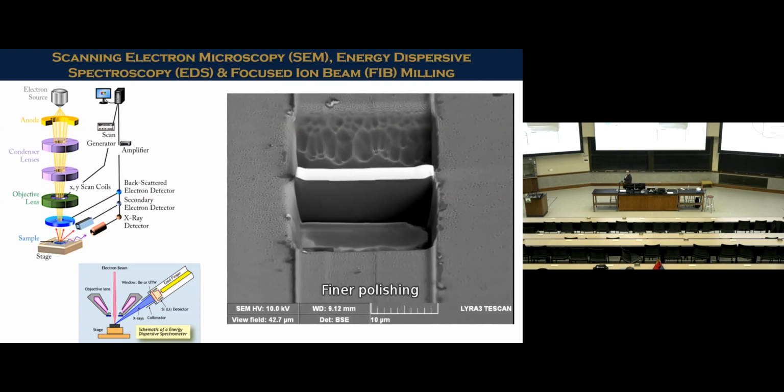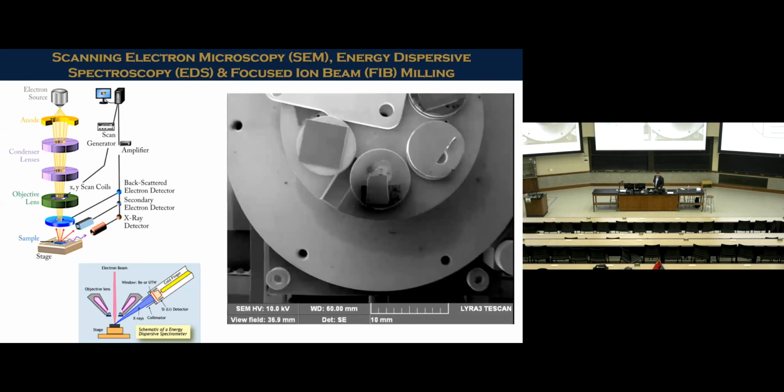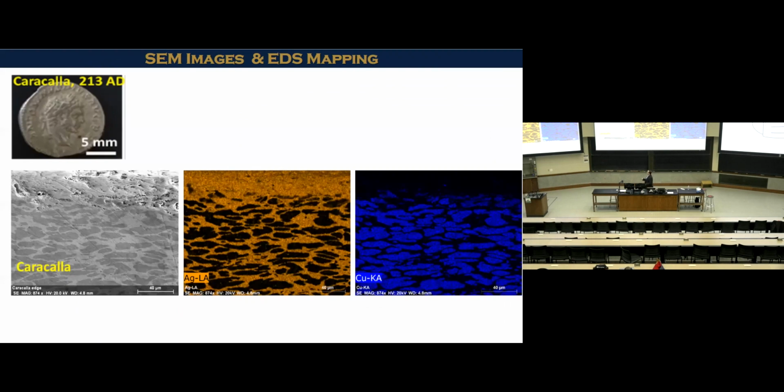So in some cases, this type of analysis is important because this is the only way to see inside these objects. So in this case, we generated this cross section and we looked at the sidewall that we created.